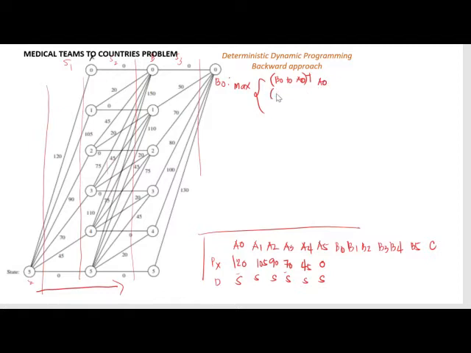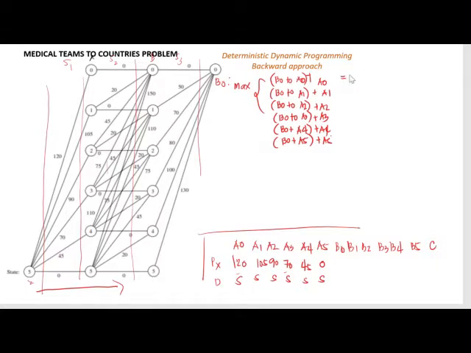Then the connection from B0 to A1, plus A1. B0 to A2, plus A2. B0 to A3, plus A3. B0 to A4, plus A4. Then B0 to A5, plus A5.